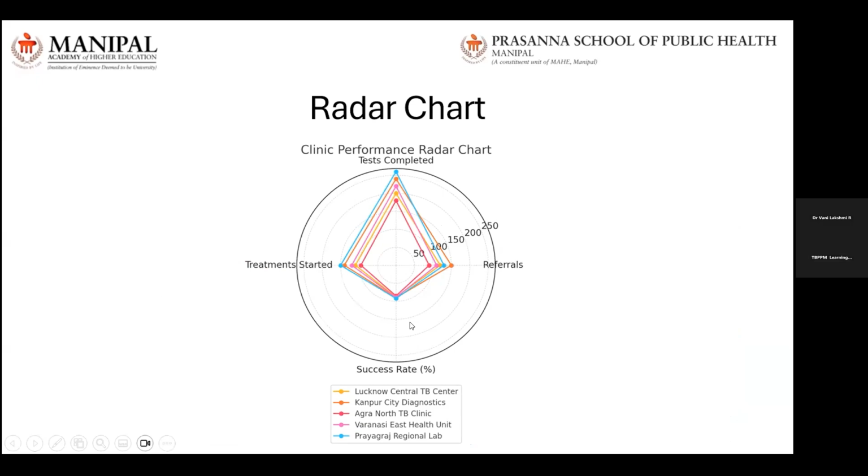The blue color corresponds to Prayagraj and the red one corresponds to Agra North. From here, what I understand is Prayagraj is performing really well in terms of treatment started, tests completed, as well as success rate. But it is performing relatively low when compared to Kanpur in the context of referrals.